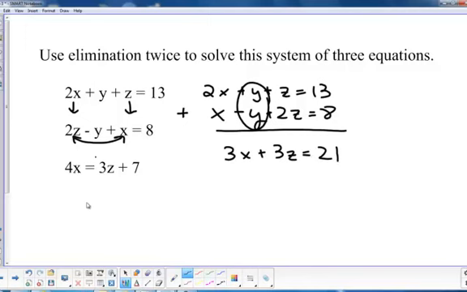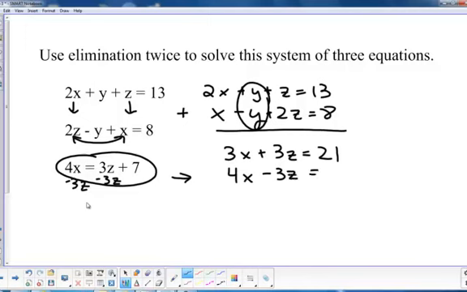Now I have another thing with an x and a z. So I can bring that 3z back through subtraction. And I can write that equation as 4x minus 3z equaling 7. And now I can eliminate through addition. Getting 7x equals 28, so x is 4.